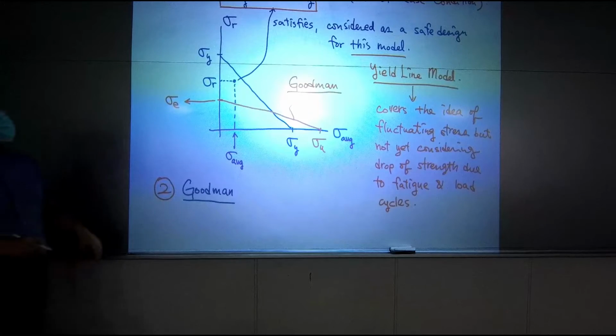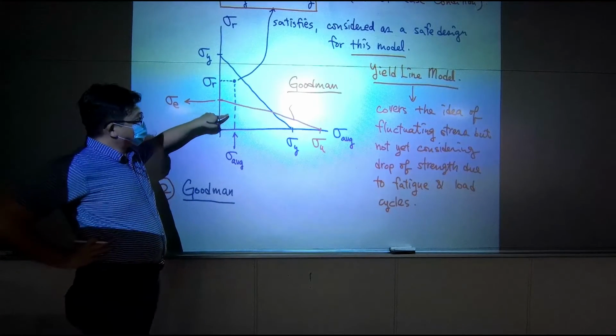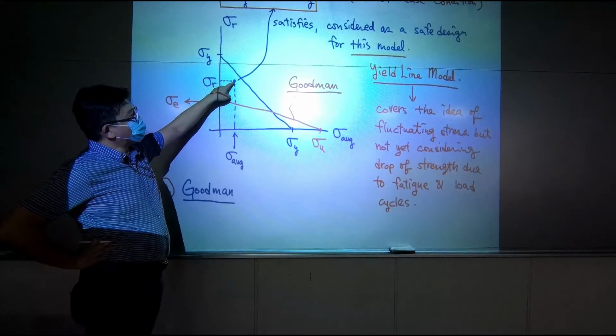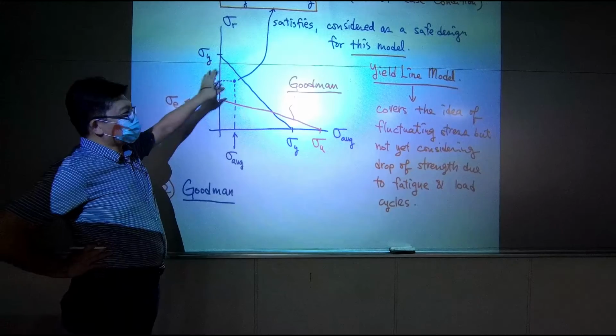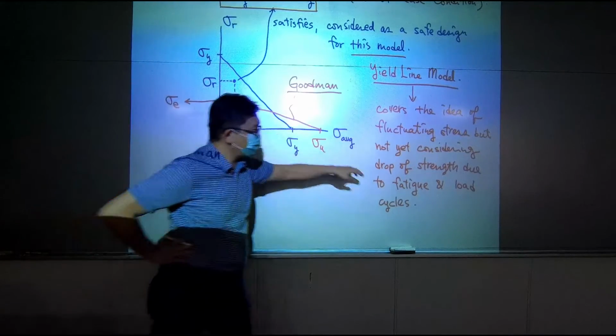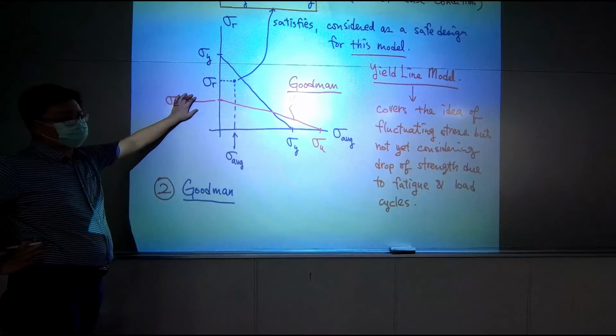So in this case, what we had earlier is not satisfying Goodman's model, because what we had earlier was not under the consideration of fatigue. But Goodman takes care of fatigue.